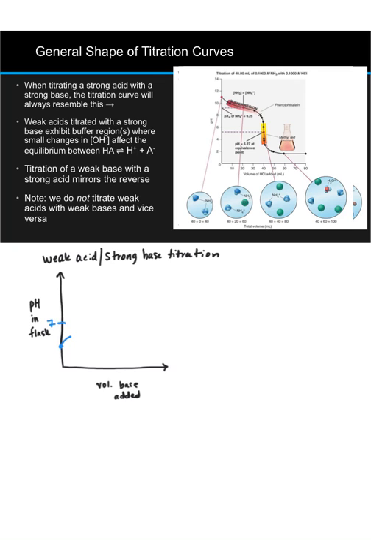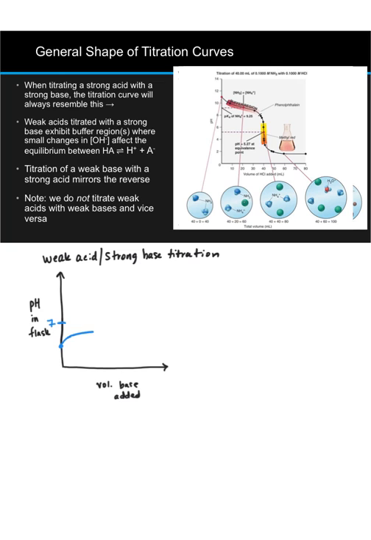As we add more and more base, though, our pH is going to level out. It levels out because the addition of strong base in small quantities to a weak acid results in the production of the conjugate base of our weak acid. The presence of some conjugate acid and its conjugate base partner in solution is by definition a buffer, and buffers resist changes in pH.